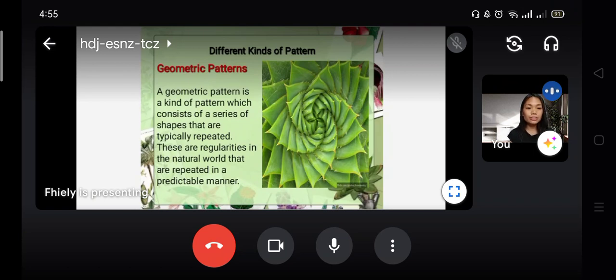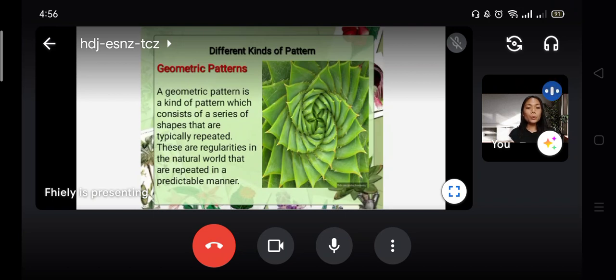So, a geometric pattern is a kind of pattern which consists of a series of shapes that are typically repeated. When we say repeated, syempre gabalik-balik siya, 'di ba? Mostly makita siya sa mga designs o sa mga plants, basta nature.